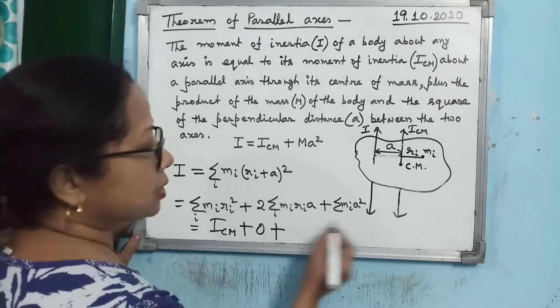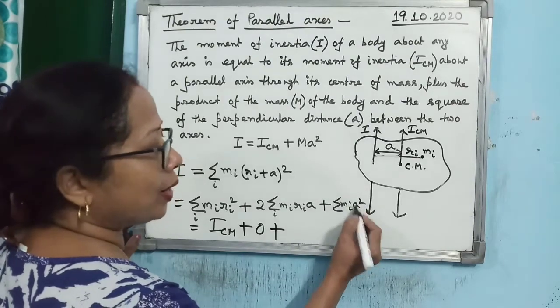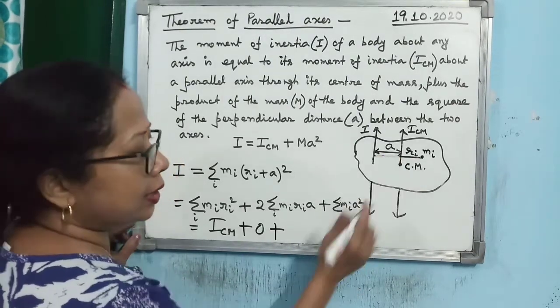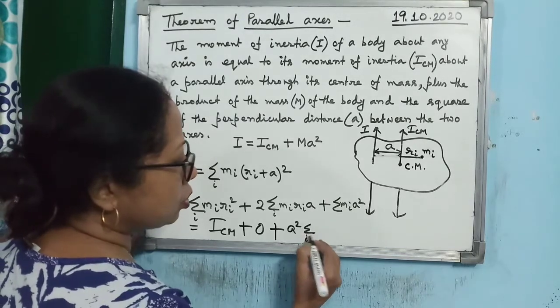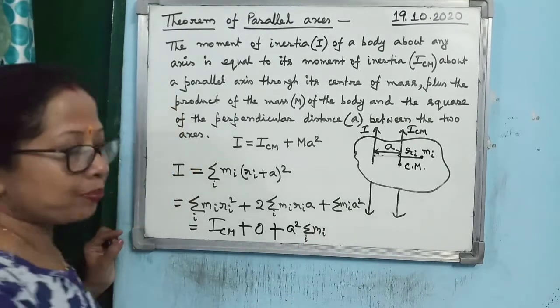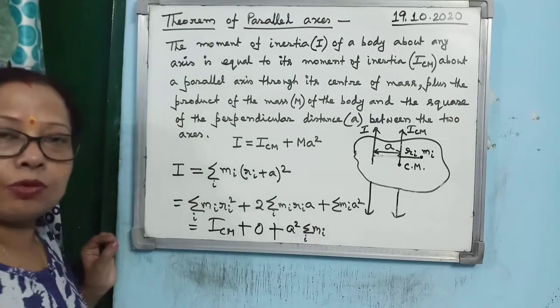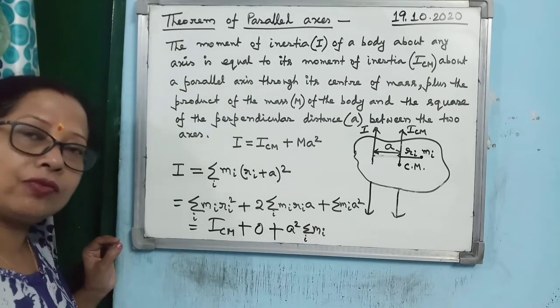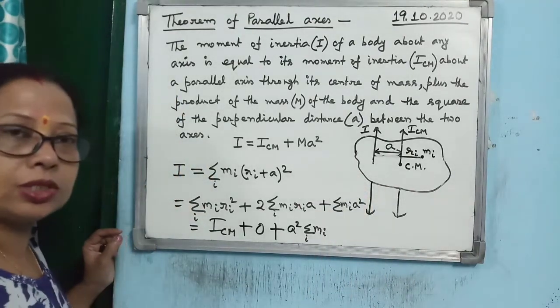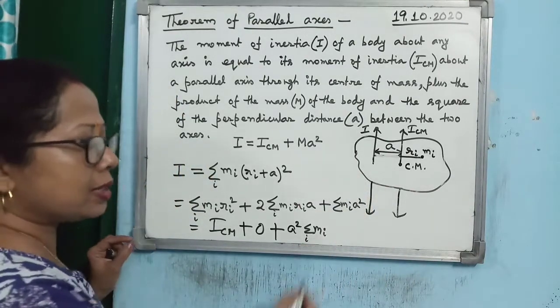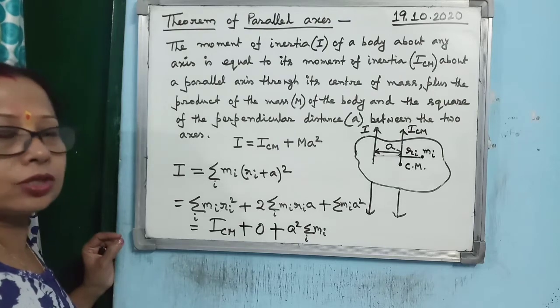Then the next term, you see a square is constant, isn't it? So you can take a square outside the summation, so a square sigma mi. Now sigma mi is what? m1 plus m2 plus m3. This is the way you will take the mass of all the particles constituting the rigid body. So sigma mi is nothing but the total mass of the rigid body.